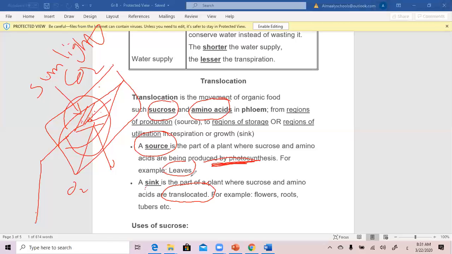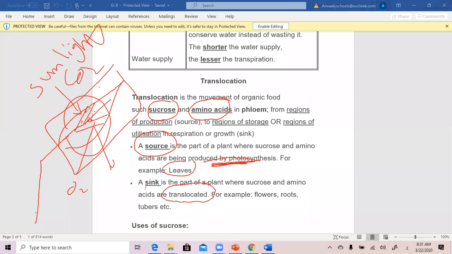So we took translocation. You understand now what is the difference between source and sink? I will repeat. The source is the part of the plant where sucrose and amino acid are being produced. They are produced in the leaf here.